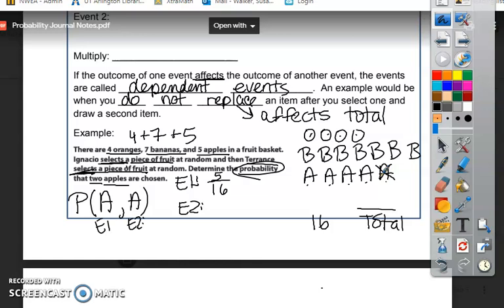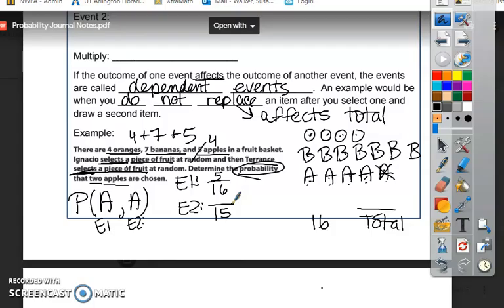Now, this is why this one's dependent, because when Terrence reaches back in here, how many total pieces of fruit are there? 1, 2, 3, 4, 5, 6, 7, 8, 9, 10, 11, 12, 13, 14, 15. There are 15 because now there's not 5, there is 4. 15 pieces of fruit.